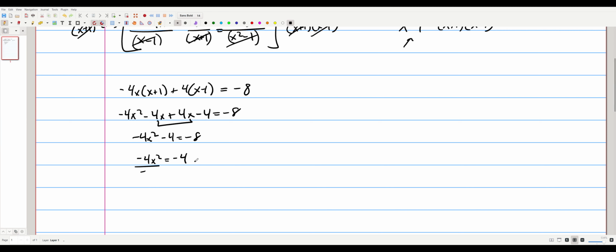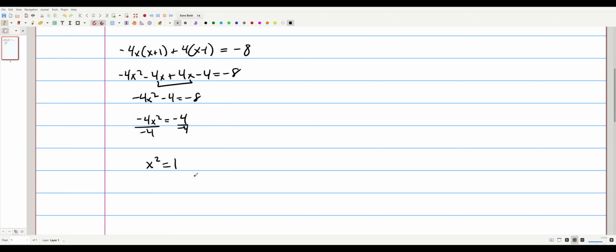We divide by negative 4 on both sides, we get x squared is equal to 1. And then we square root both sides, we get x is equal to plus or minus 1. So these rational equations, we also have to check our answers, because if you notice, this says x is equal to 1 or x is equal to negative 1.